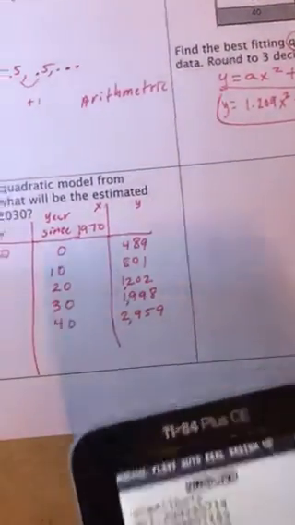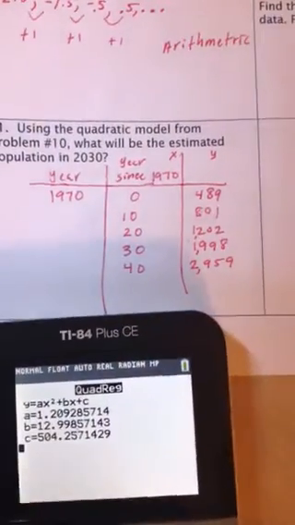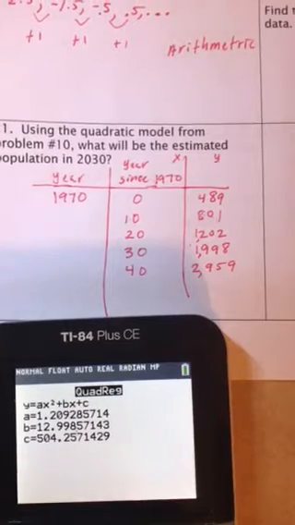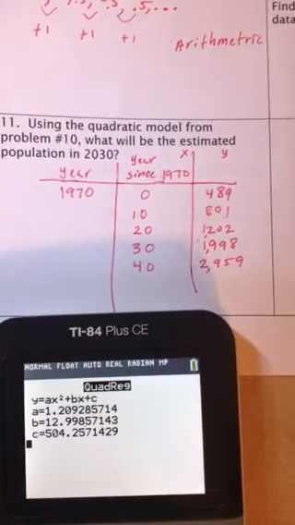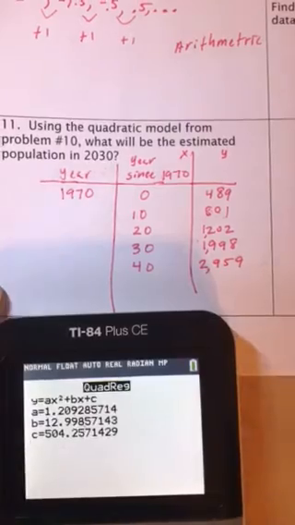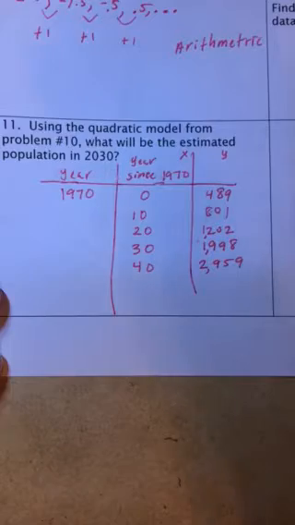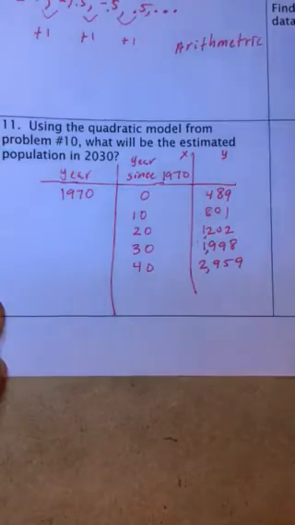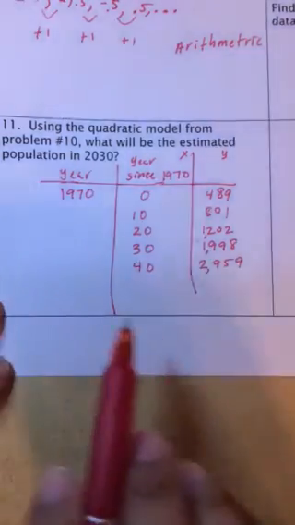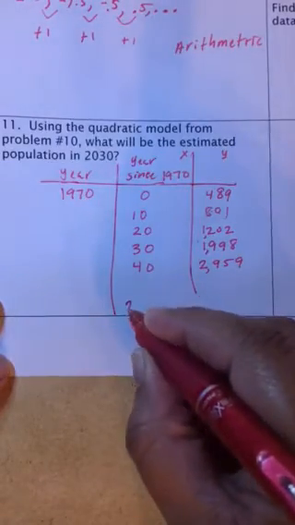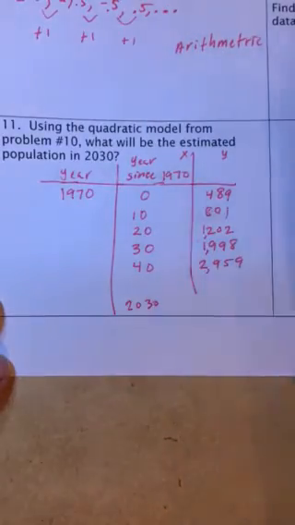Alright, so now this last one, using the quadratic model from problem number 12, what will the estimated population in 2030 be? Here's basically the table that we were looking at just a minute ago. The reason why I did this is because sometimes I see kids trying to go to 2030 to see what that number is.